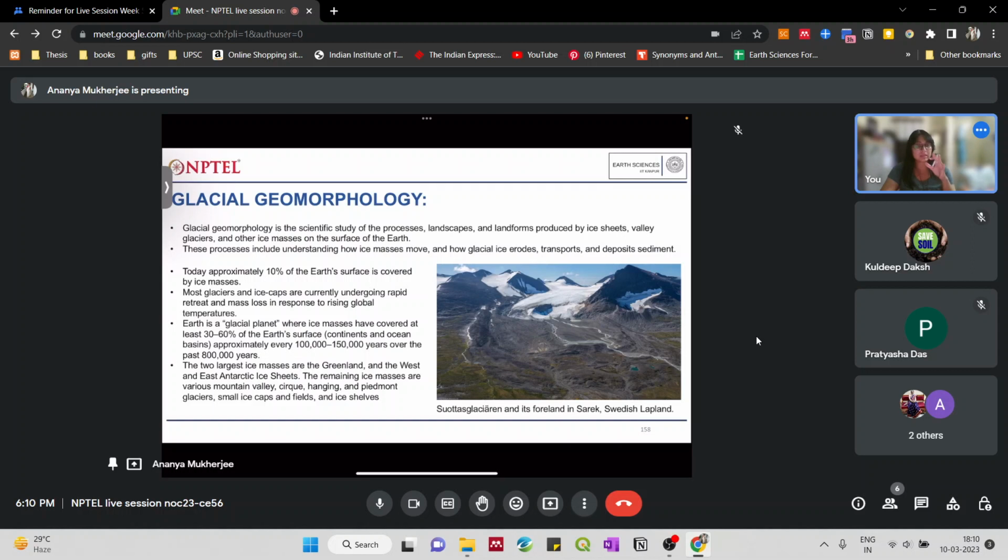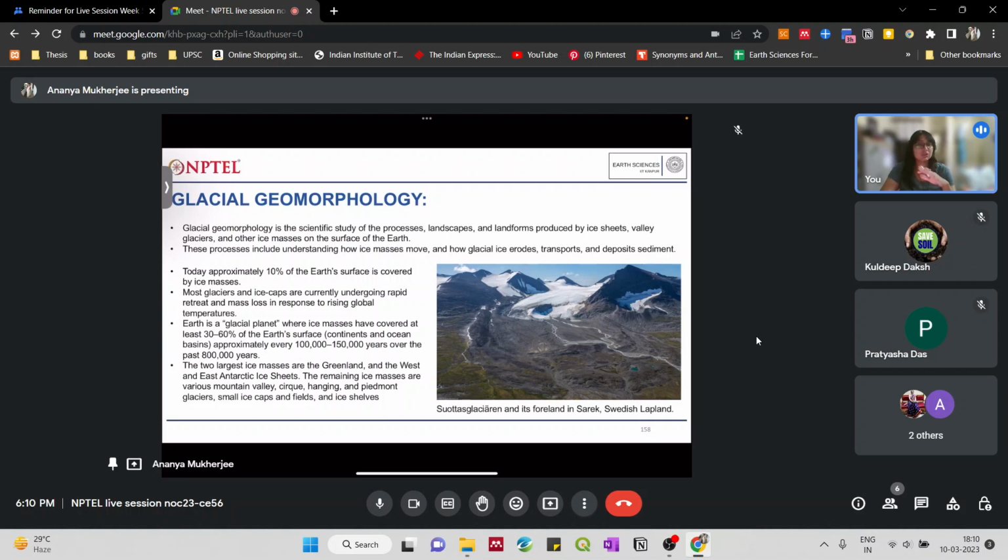These glacial periods happen after every 100 to 150,000 years. They have happened in the past also. The last one was around a few thousand years ago. So it's a natural process, as I said before also.